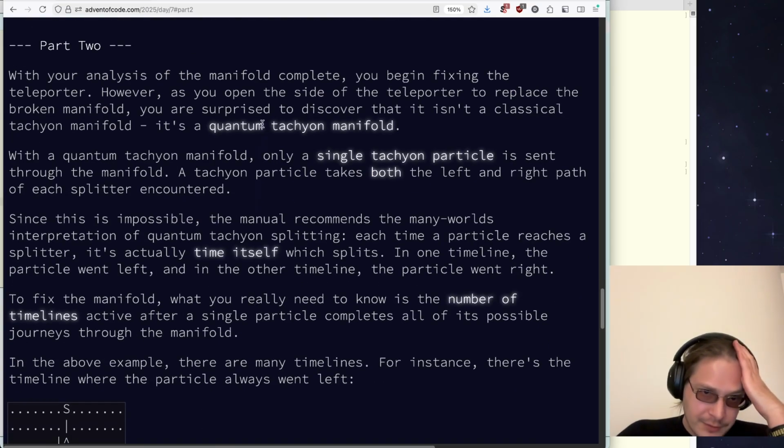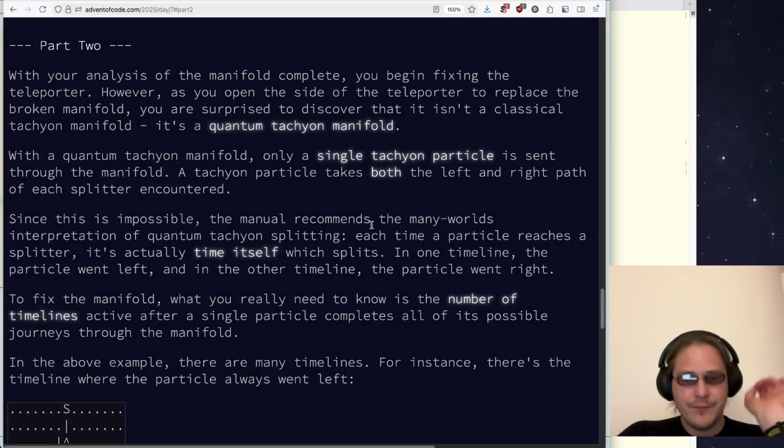So, is my assumption correct that each splitter that was hit creates two timelines?